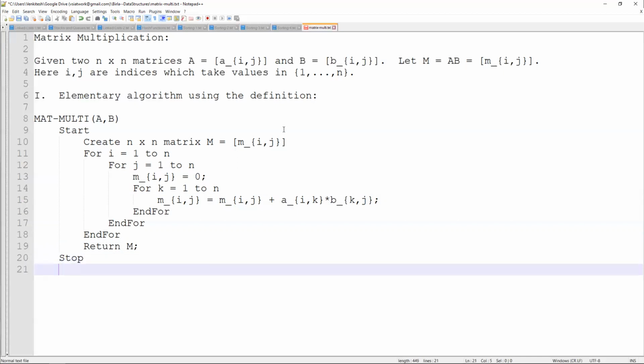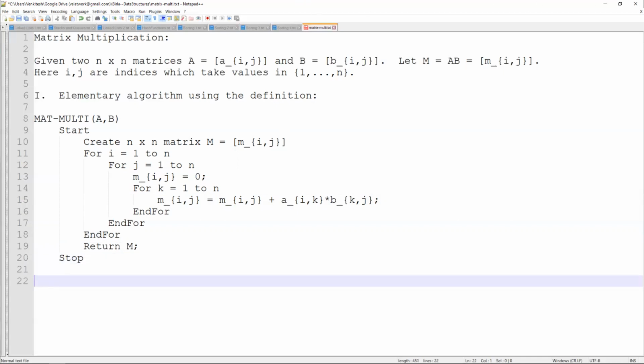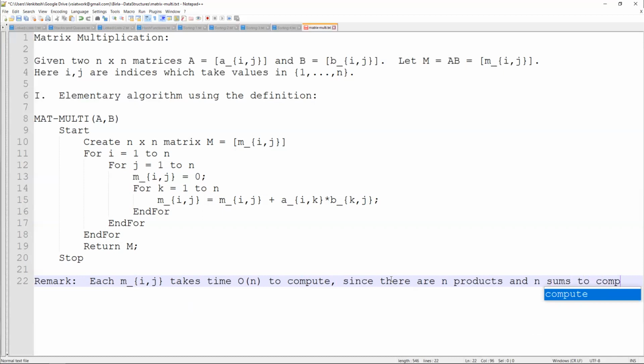Right? And what else did we see? About the runtime, what we saw is that each Mij takes time order n to compute. Since there are how many products? n products and n sums to compute.